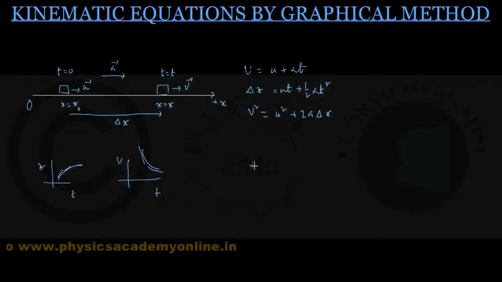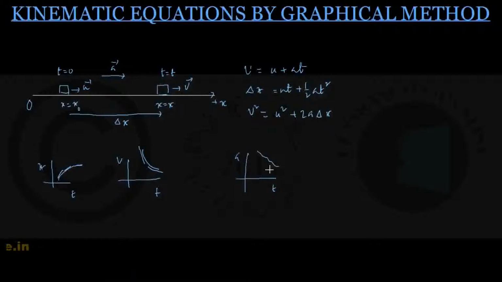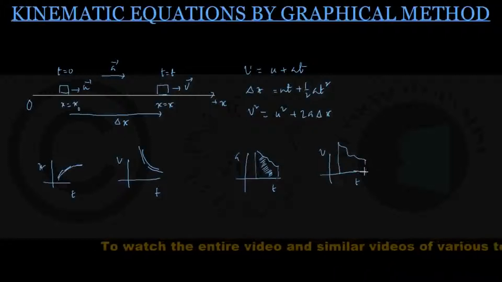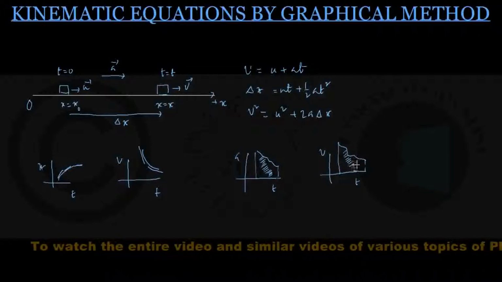In the reverse process, if I was given the acceleration versus time graph for a particle, say anything, just an arbitrary drawing, then the area under the graph gives me the velocity change of the particle. And similarly again, if I had got a velocity versus time graph, any shape, the area under the graph would have given me the displacement of the particle.